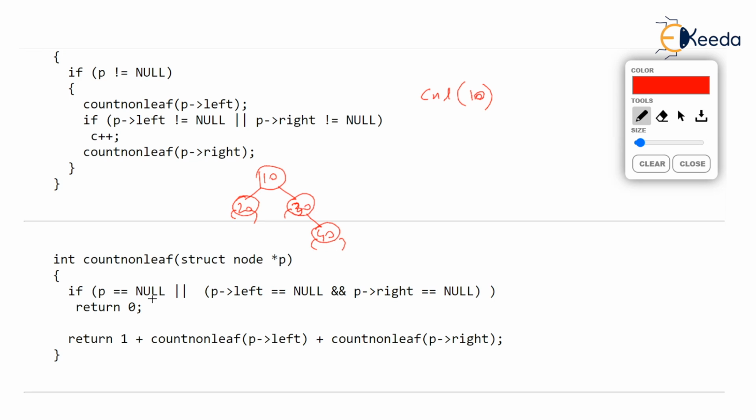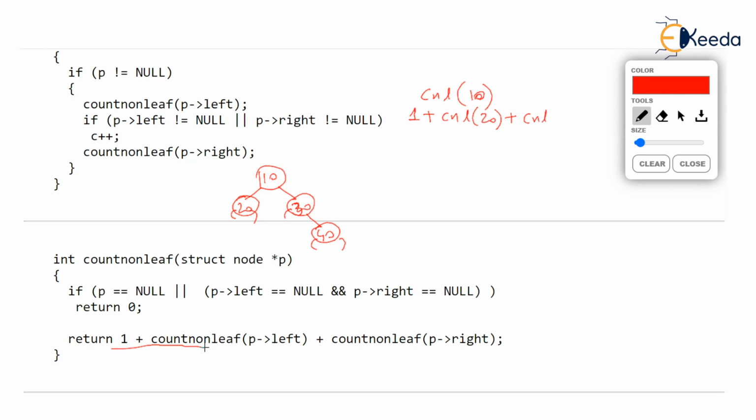Yes, because P is at 10. And is it a leaf? 10 is valid and 10 is not a leaf. So this statement return 1 plus will execute. So count non-leaf 10 says I am a non-leaf, so I'll add 1 and I'll call count non-leaf for my left subtree. Left subtree is 20. And I will call count non-leaf for the right subtree.